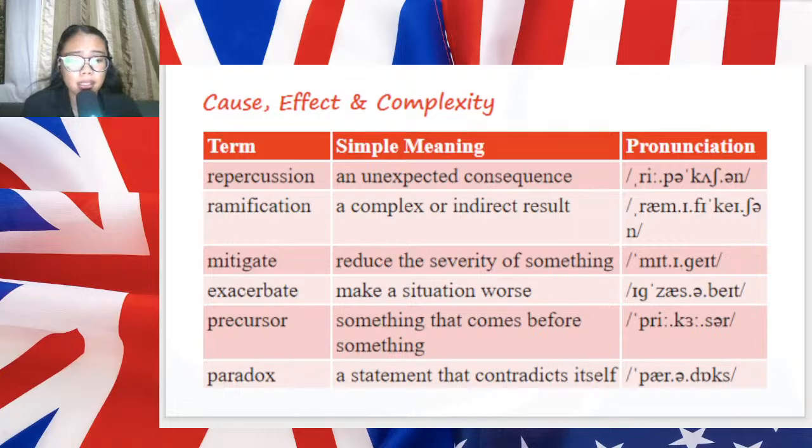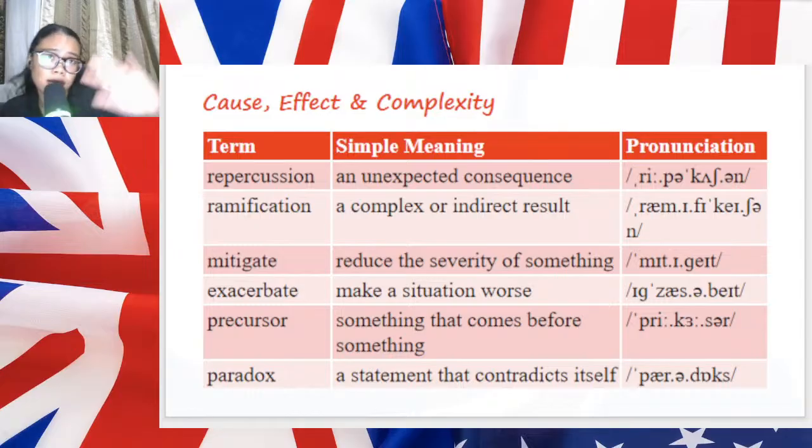Next to that is ramification. This is a complex or indirect result. That's the meaning of it. Similar to repercussion, this also refers to a consequence, but it emphasizes the complexity, the indirectness, and often multiple layers of those results.